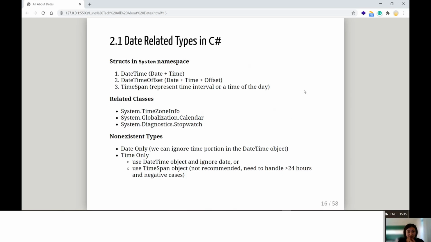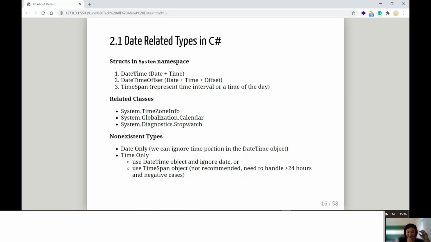So there are several structs and related classes in C#. For example, DateTime, DateTimeOffset, TimeSpan, which is the duration I just mentioned. And there are other classes to help us to get more information, for example, the time zone. But in C# we don't have date, right? So if you only want to get date, you can't.